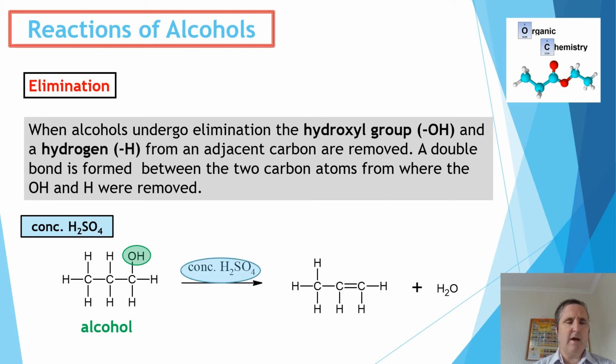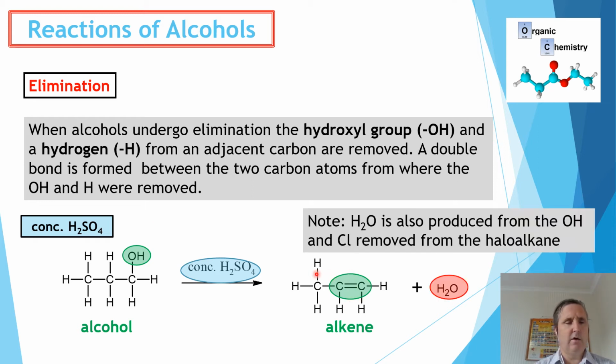It's going to remove that, and it's also removed this hydrogen on the other side, and it's produced an alkene. So we remove the hydroxyl group and the hydrogen, we make the alkene, and we also produce water. But the sulfuric acid just sucks that away.